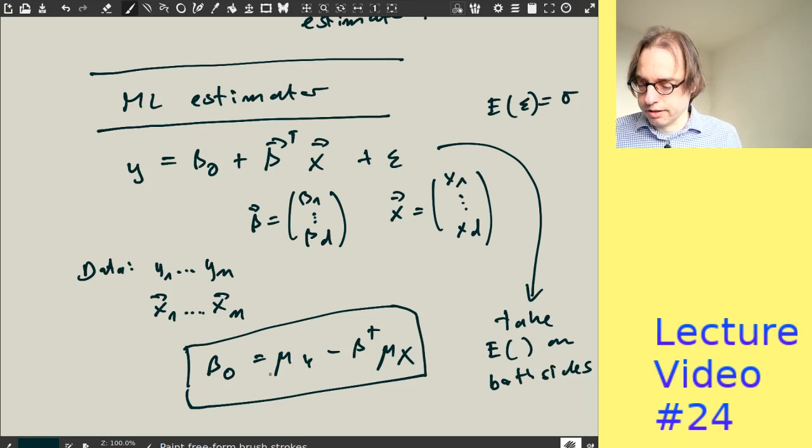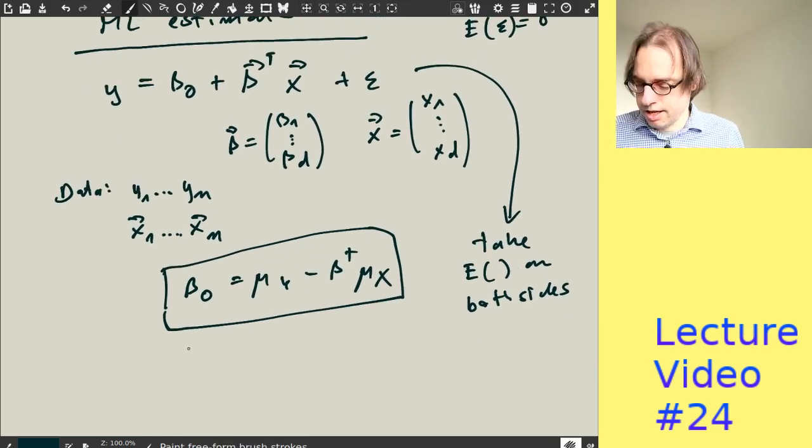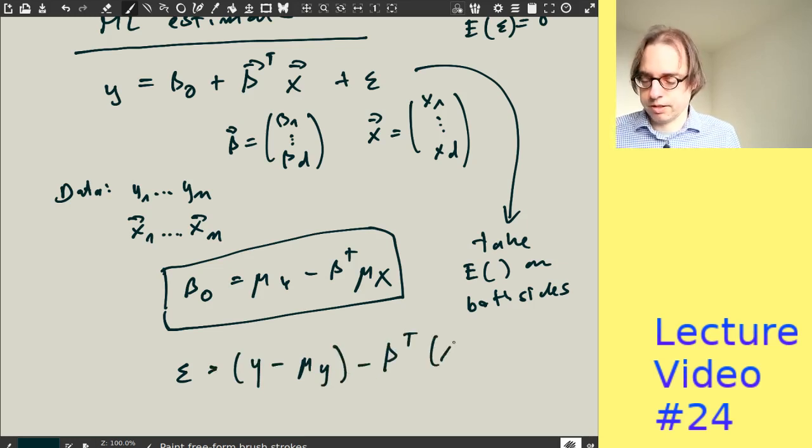And then we also get for epsilon simply y minus mu y minus beta transpose times x minus mu x.